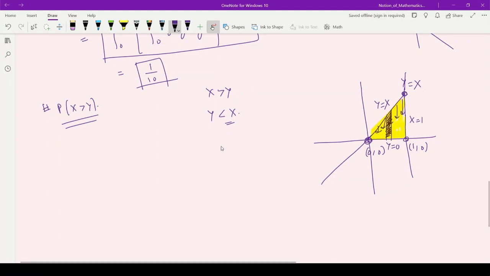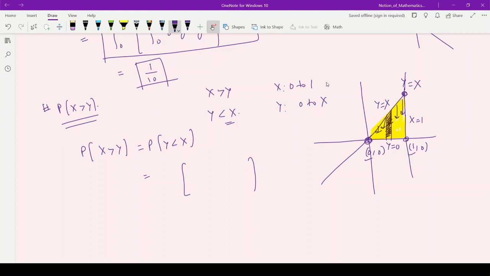So what we can do here, I will write it in such a way. Probability x greater than y is probability y less than x. So probability y less than x, I can define by this region. So double integration, limit of x is from 0 to 1. From this particular region we can decide, and limit of y is from 0 to x.